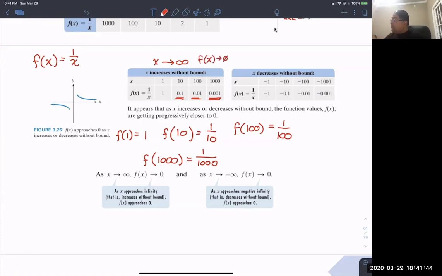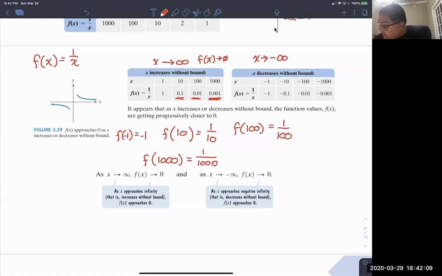Now, let's go the other way. Instead of plugging in larger and larger numbers, let's plug in smaller and smaller numbers, or more and more negative numbers, if you will. If you see the chart on the right, x is going to negative infinity. First I'll plug in -1 for x, then -10, then -100, and then -1000.